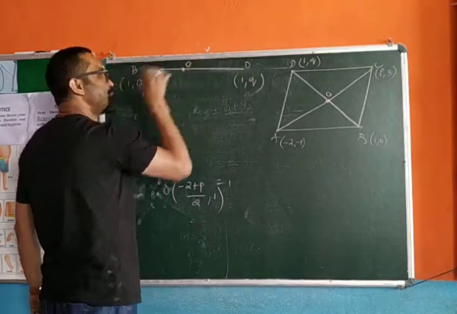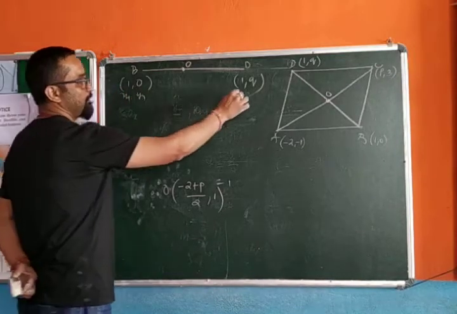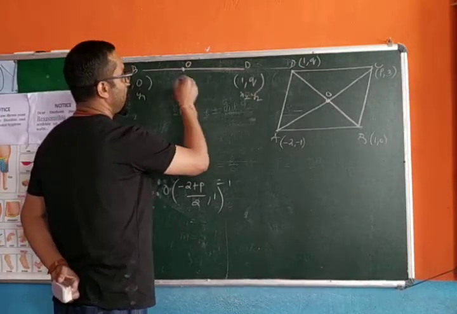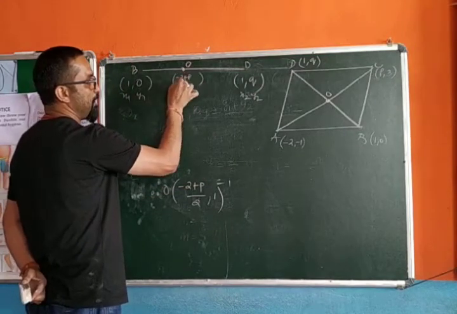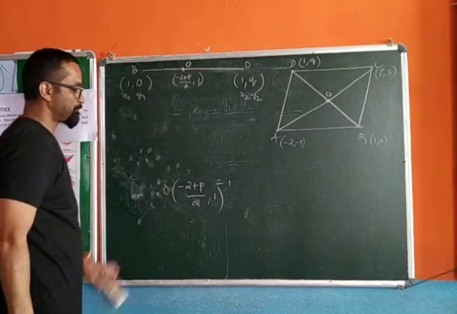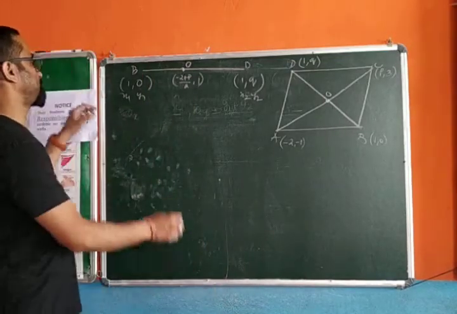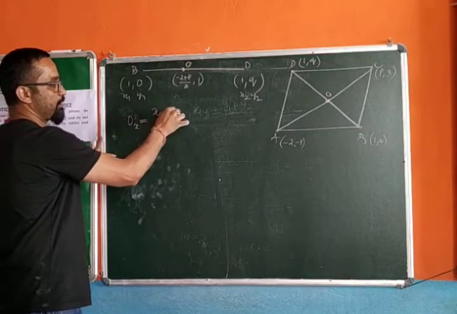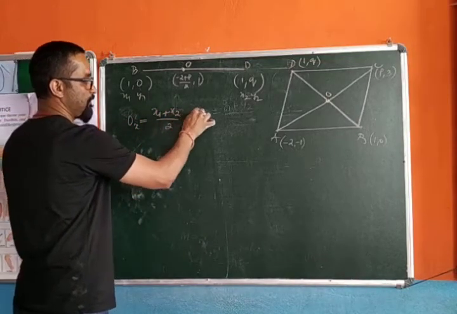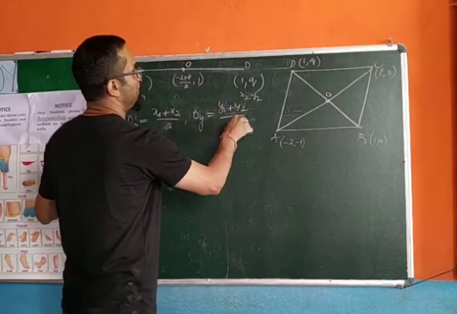They have the same midpoint O. Here x1, y1, x2, y2, and the middle one we already know, ((-2 + p)/2, 1). We use the midpoint formula again: Ox equals x1 plus x2 divided by 2, and Oy equals y1 plus y2 divided by 2.